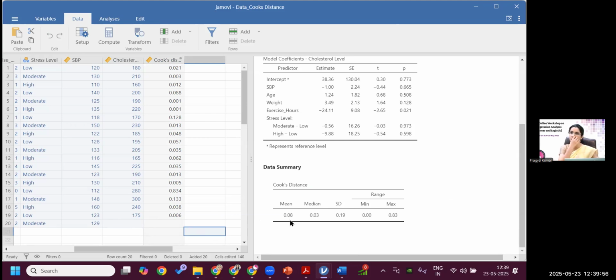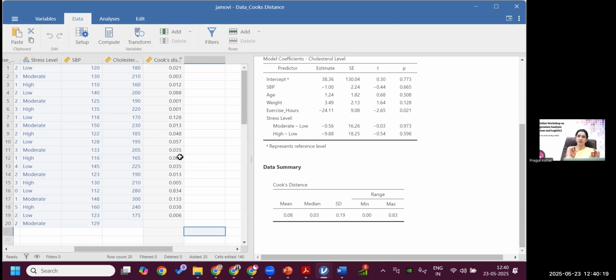Okay, so the Cook's distance should be less than 1. By looking at the individual data points, you need to decide: if the overall Cook's distance is more than 1, that gives you a hint that there will be individual data points where the Cook's distance is more than 1.